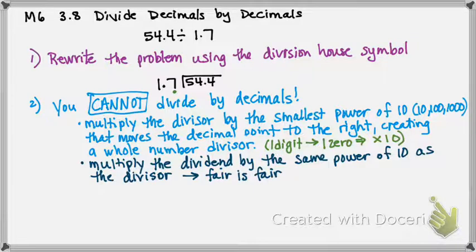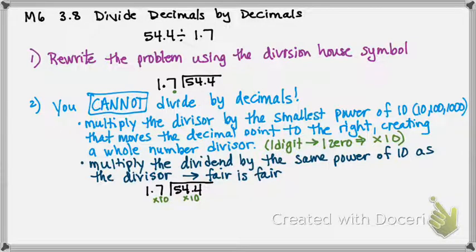Okay, so I'm going to redo that problem. So we've got 1.7, and I'm going to divide it into 54.4. So remember what I said. I have one digit after the decimal point, so I'm going to multiply by 10. Each of these are going to get multiplied by 10.